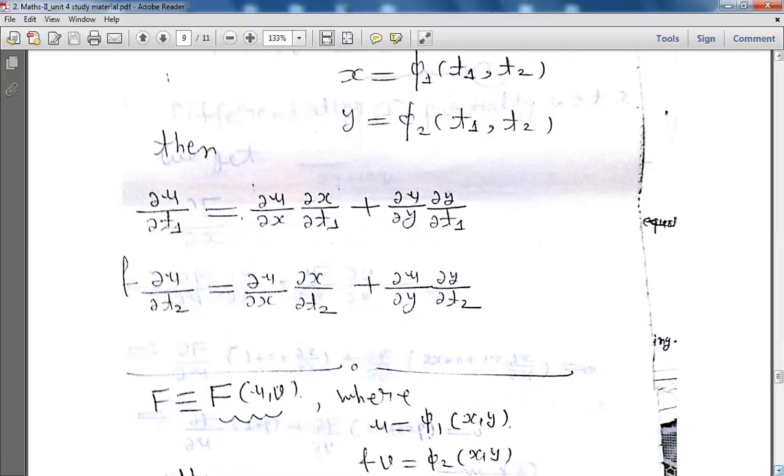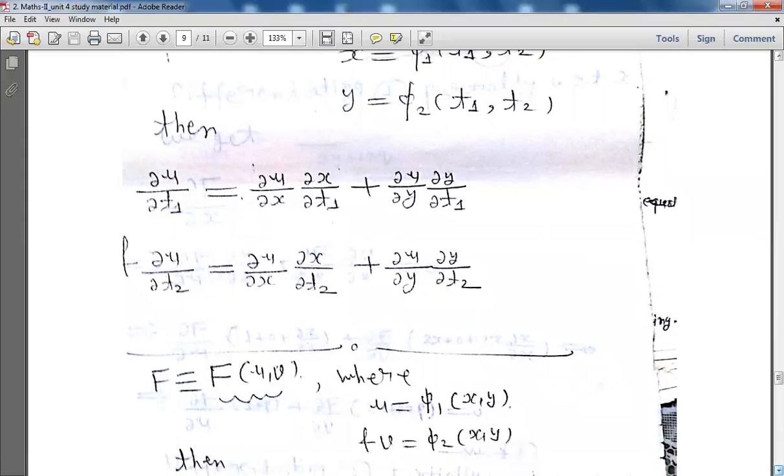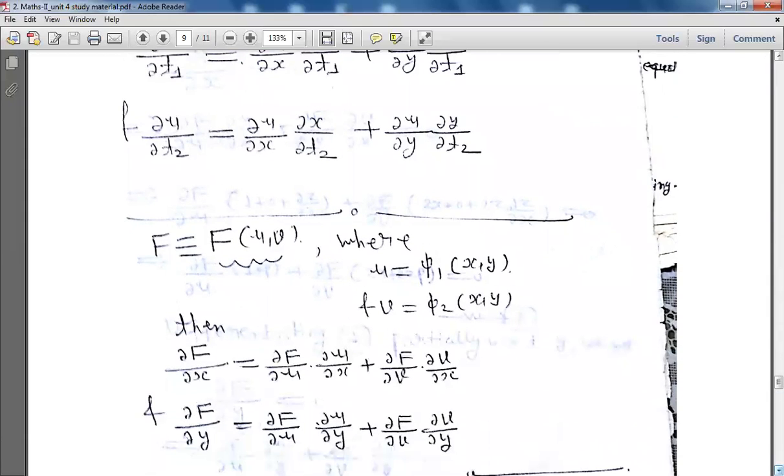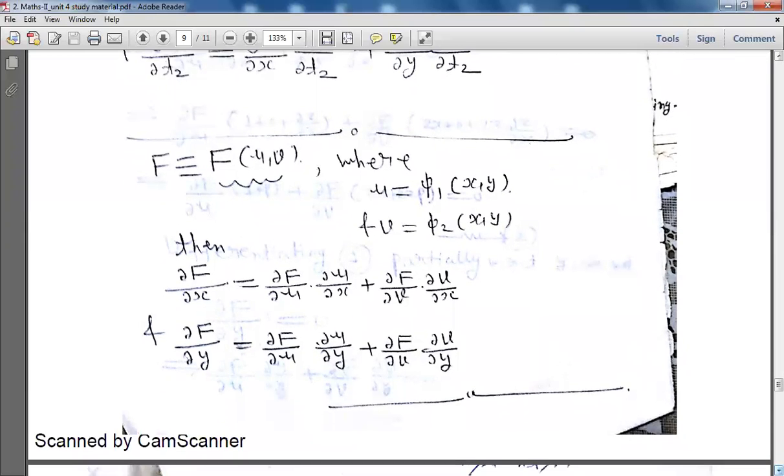Here x and y are functions of more than one variable, so in the result we write partial derivatives of x and y with respect to t2. Similarly, this can be adapted for other functions in the same manner.